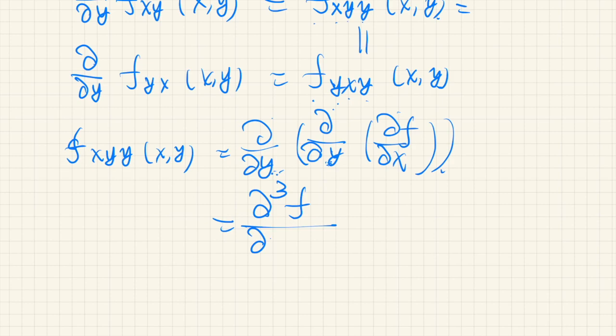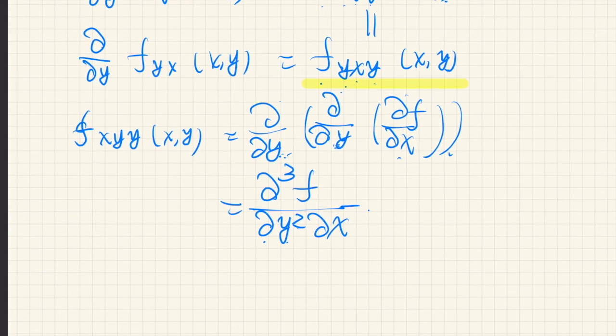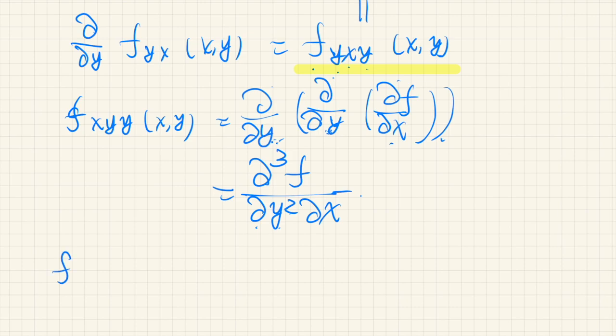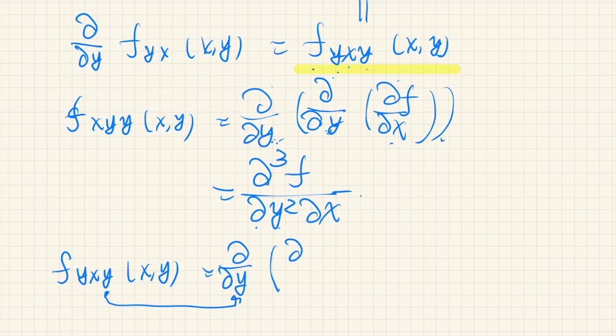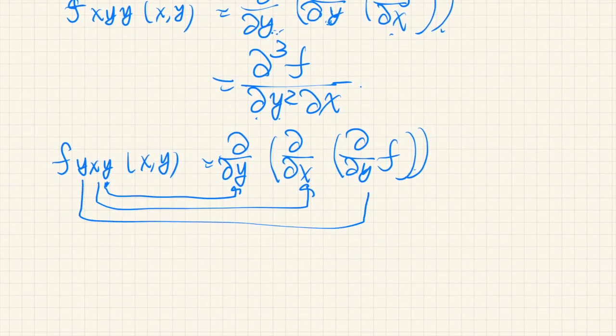So in this case, we write something like d3f over dy squared dx. And for fyxy, this y corresponds to this y, and this x corresponds to this x, and this y corresponds to this y.